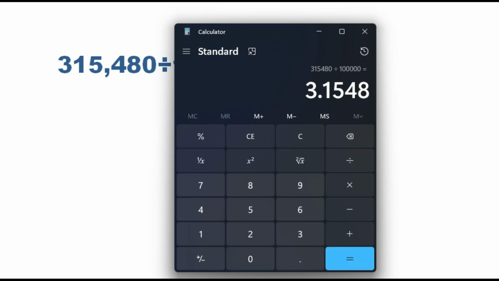So let's divide this by 100,000. We get 3.15, or if we round off, 3.2. This is the lot size you need to put into the trading platform.